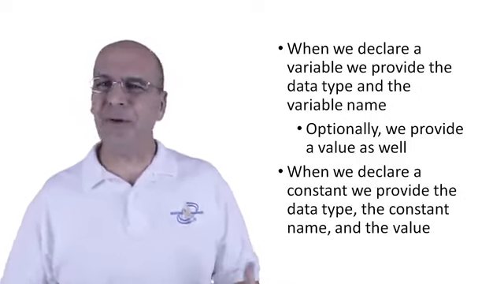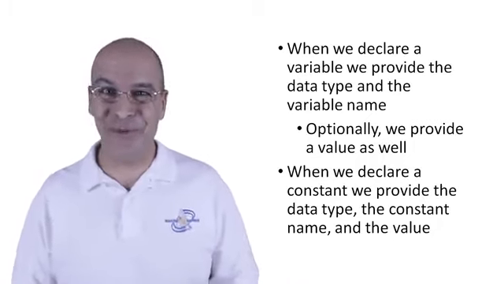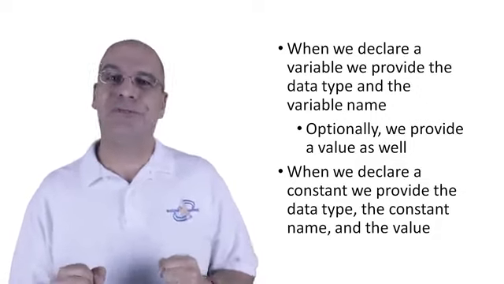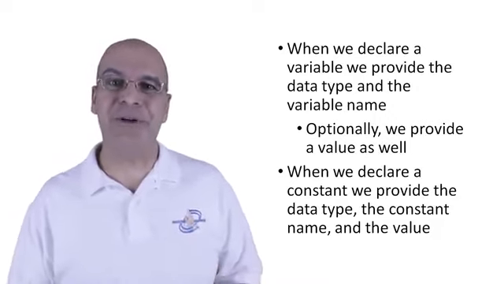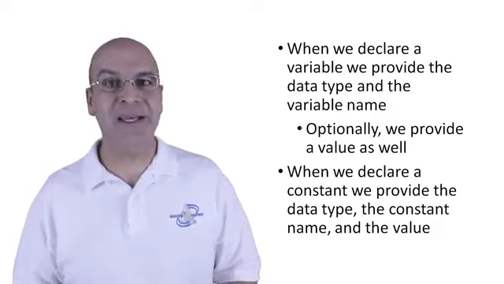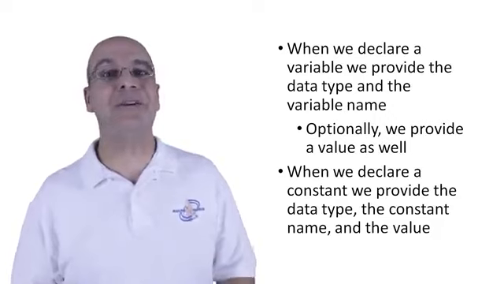Okay, so what about constants? Well, constants work essentially the same way, except that first we provide a keyword, const. Then we provide the data type of the constant. Then we provide its name. And then we have to give it a value. We don't optionally give constants values.